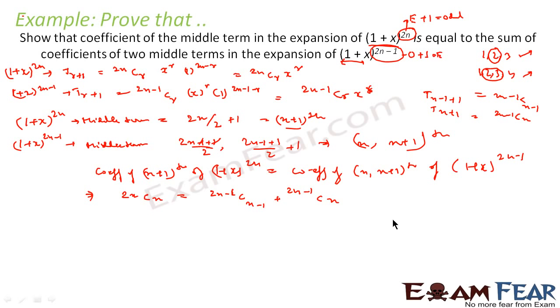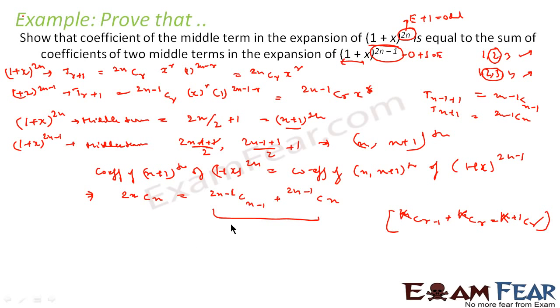Now we can apply the formula nC(r minus 1) plus nCr is equal to (n plus 1)Cr. Since we already used n here, we'll say 2n minus 1 is equal to k in this formula, and n is equal to r.